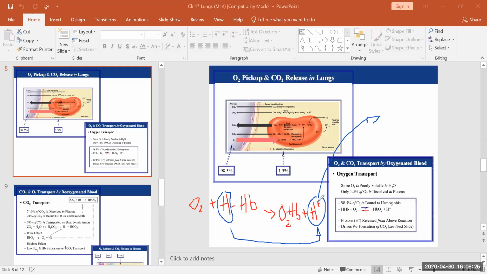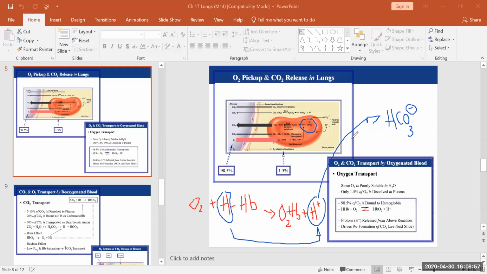So what's going to happen is, the red blood cell, to protect itself from acidification, will force this proton to interact with bicarbonate, HCO3 minus. You see it right here. That's the interaction right there. Okay? To prevent pH fluctuation. So this is a buffering mechanism.